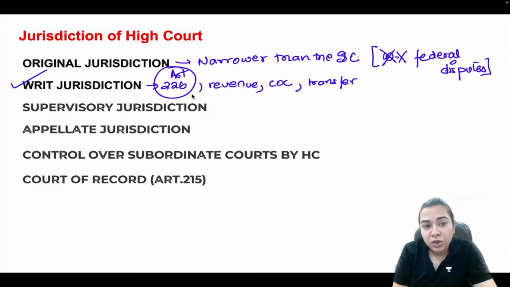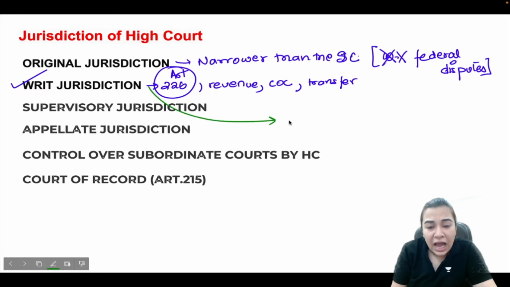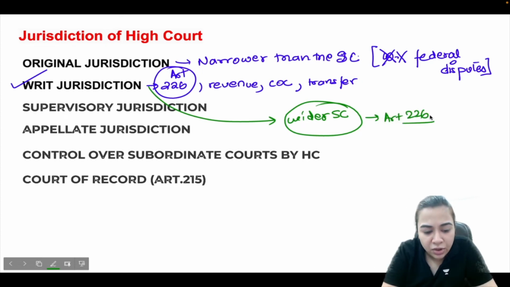However, when we talk about the writ jurisdiction of the High Court, we should know one thing. The High Court has wider jurisdiction than the Supreme Court. That means the writ jurisdiction of the High Court is wider than that of the Supreme Court. Article 226 of the Constitution gives the writ jurisdiction to the High Courts of our country.